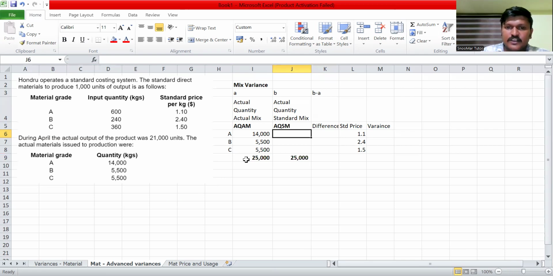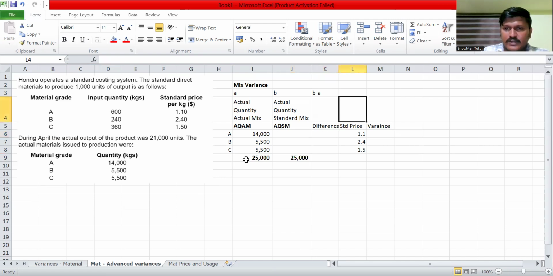So let's consider what is the standard usage. 600, 240, and 360. If I add 600 plus 240, I get 840. 840 plus 360 gives 1,200, right?